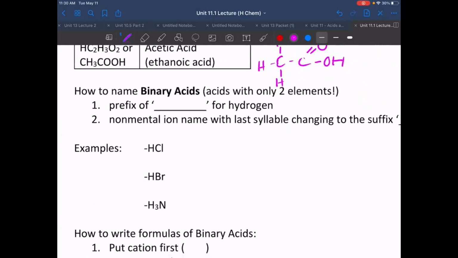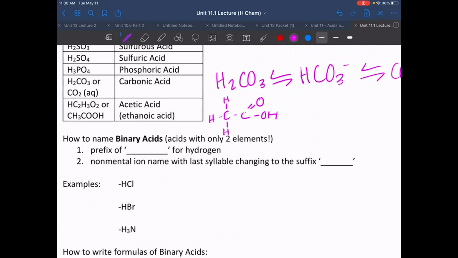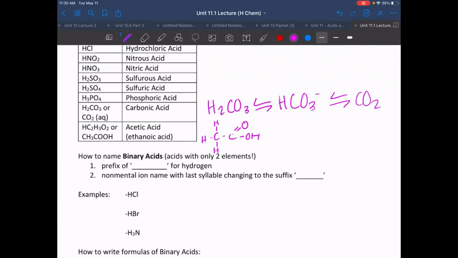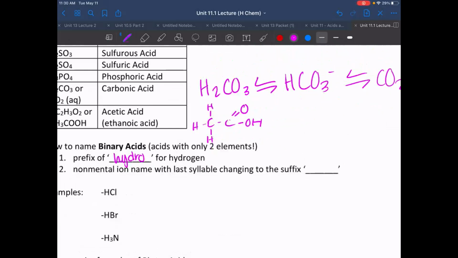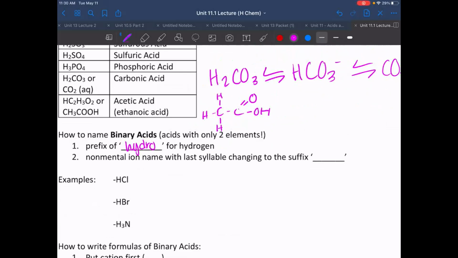Okay, how do we name binary acids? So these ones aren't too bad. We give a prefix of hydro for hydrogen. And then what we do is change our non-metal ion name, the last syllable.